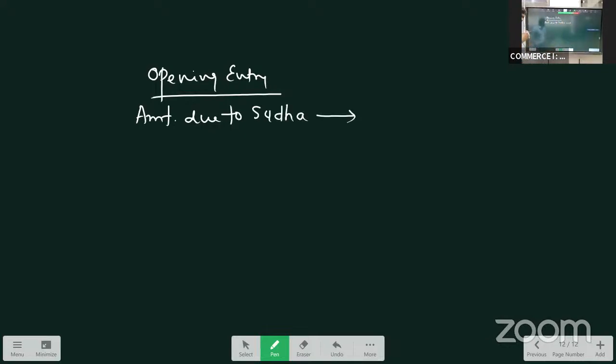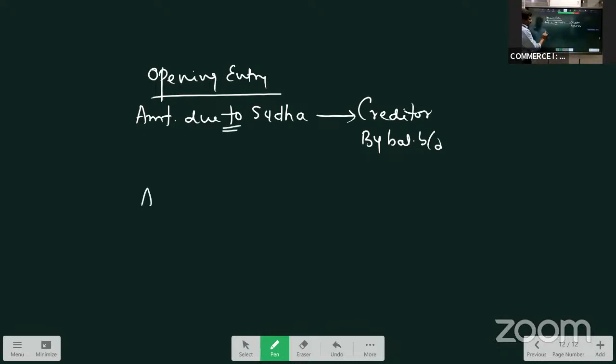It means we as a business have to pay to Sudha. Sudha will be our creditor in this case. And creditor shows credit balance. So this we have to take on the credit side as by balance brought down. Okay.